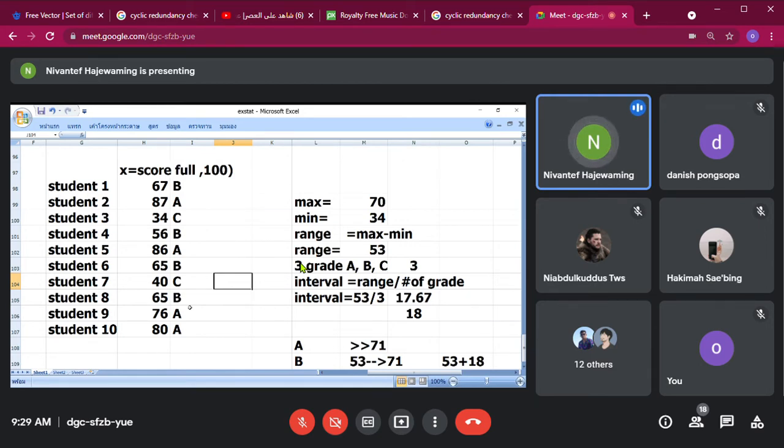Maybe someone thought that it is not fair for the student. Maybe some teachers use it like this to grade you. For a better result for your students, you must do this data with statistics. If you have only 10 students, you can grade your students like that, not a problem.